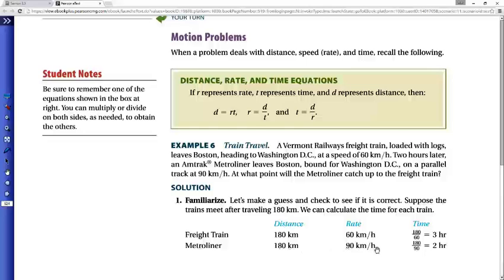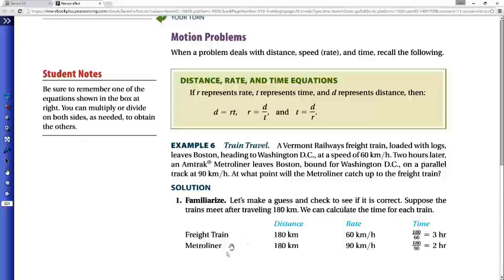Okay, so we got some information, and if it wasn't for this other fact that the Metroliner, the Amtrak train, didn't leave the train station till later, right? 2 hours later.